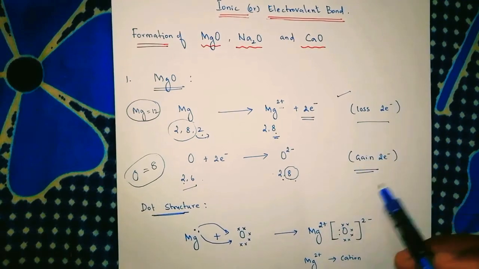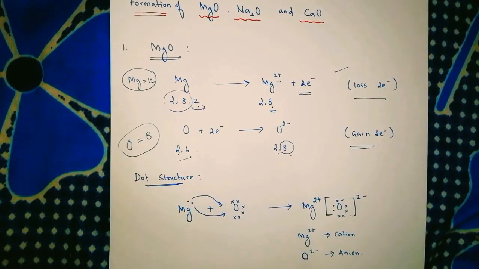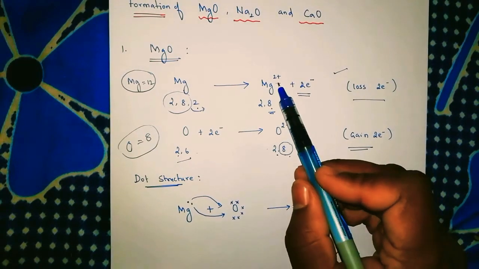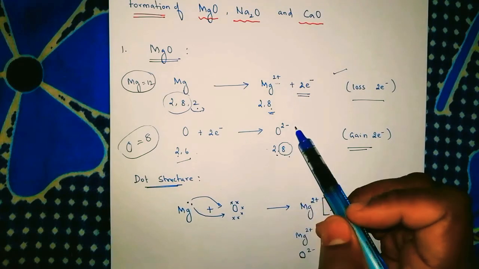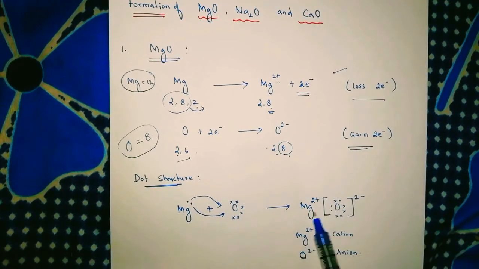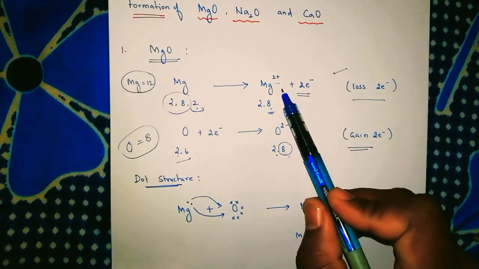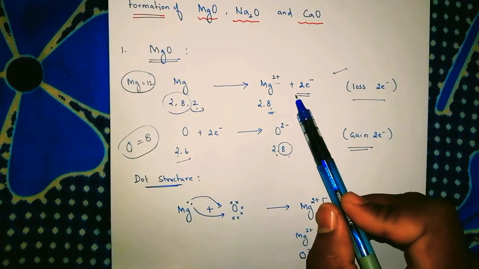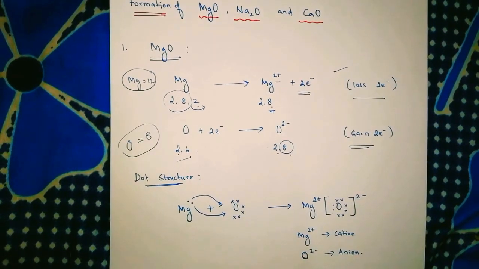Okay, these two are the ionic equations that you have to write properly. If you do not write the 2 plus or 2 minus given for magnesium and oxygen, you will not get the complete mark. So you have to mention how many electrons they lose and how many they gain, which is very, very important.